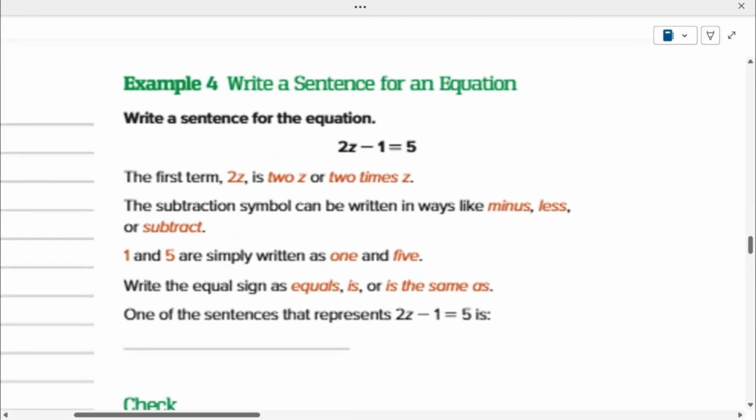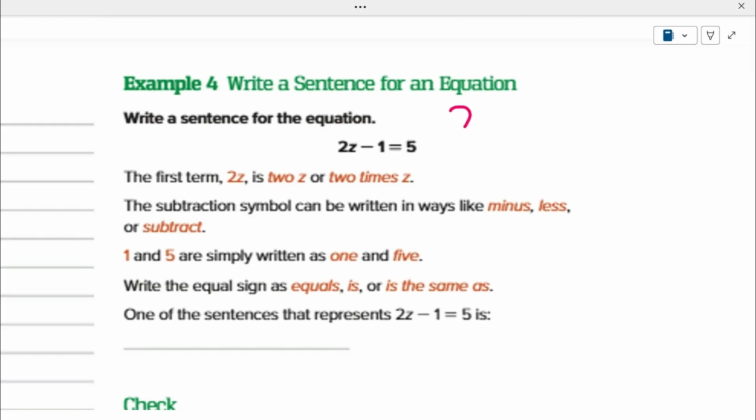Example 4 asks us to write a sentence for an equation. So we have the equation they give us, which is 2z minus 1 equals 5. Now, even the way that I just read that is going to help us write out the operations. So the first term is 2z. We call this a term. When we write the number right next to the letter, like we talked about earlier, that's representing multiplication now in algebra.